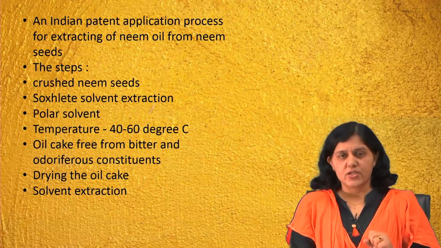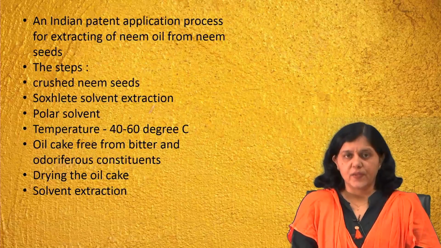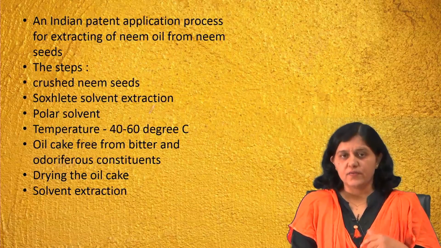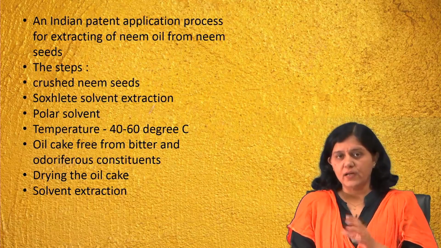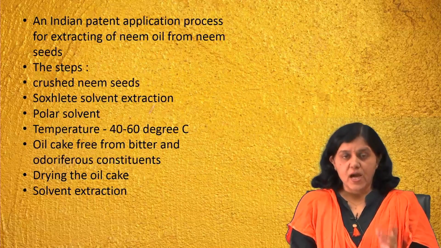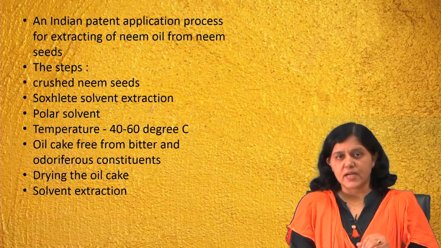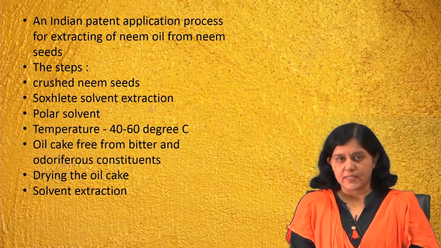The temperature range for this experiment is 40 to 60 degrees centigrade. This process leads to the formation of an oil cake which is free from the bitter and odoriferous constituents present in the neem. After that, the oil cake is treated using solvent extraction with hexane.